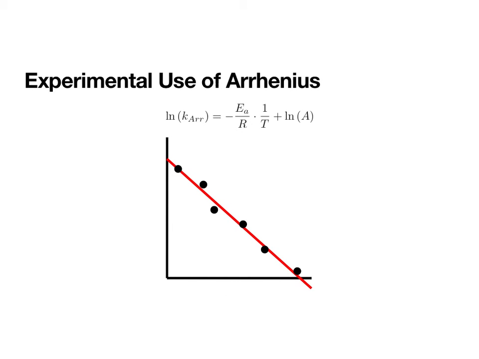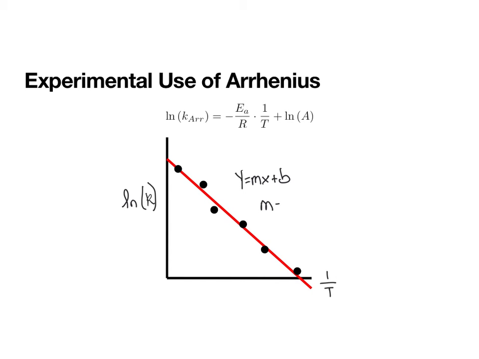So why do we like to linearize? It turns out that experimentally it makes things easier, because on the y-axis we have the natural log of k, and on the x-axis we have 1 over T. And so that means that when we fit this data, we get a fit in the form of y equals mx plus b.